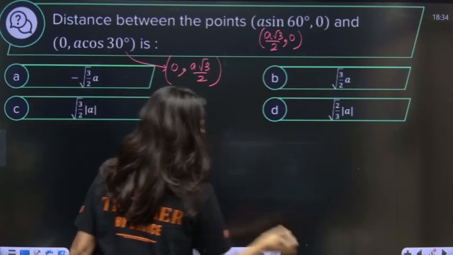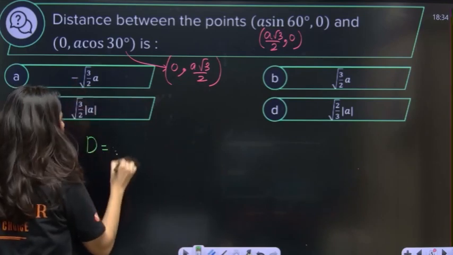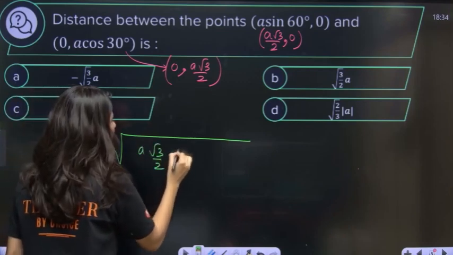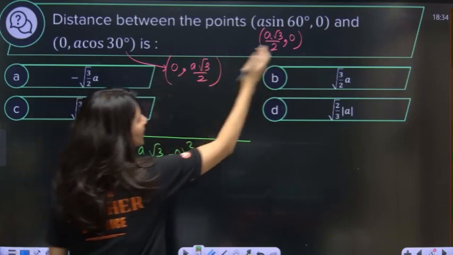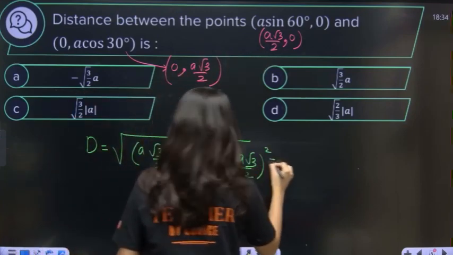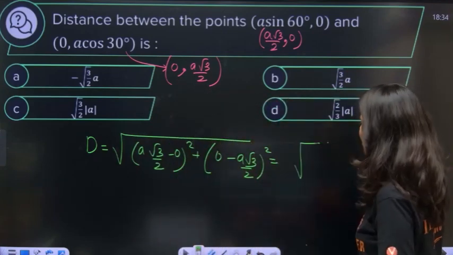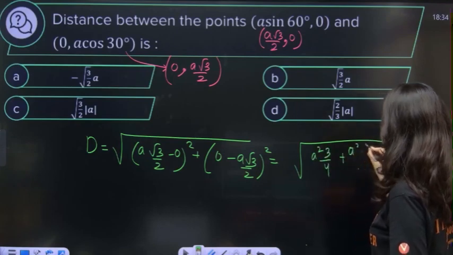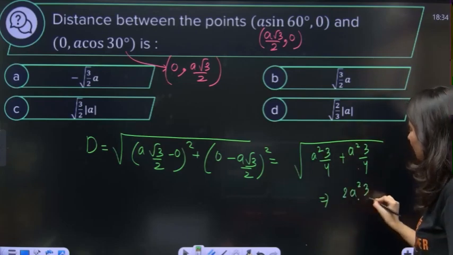So distance D is equal to the square root of A root 3 by 2 minus 0 whole square plus 0 minus A root 3 by 2 whole square. So this is A square 3 by 4, and this is also A square 3 by 4. A square 3 by 4 plus A square 3 by 4 is 2A square 3 by 4.